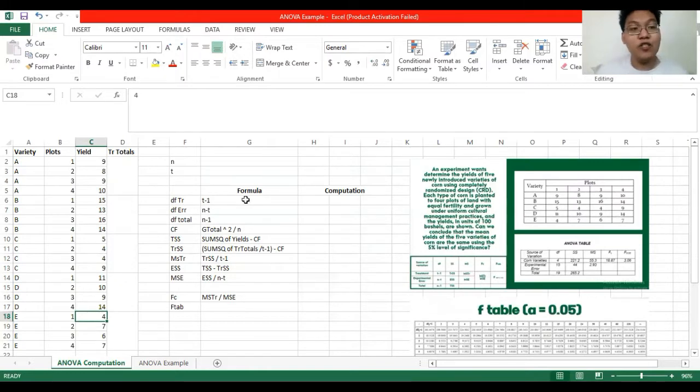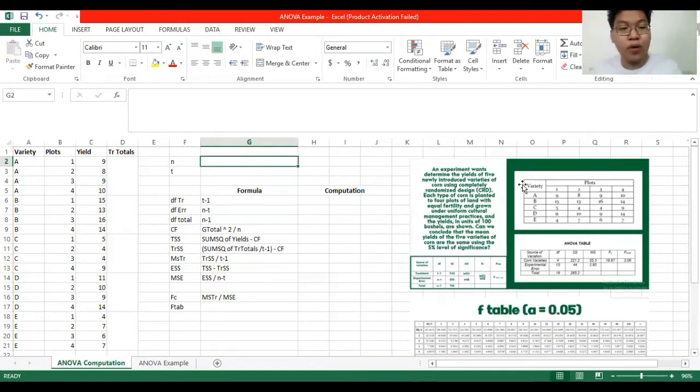You have already arranged your data. Now what you need to do is to complete your ANOVA table. Before that, let us first identify our N and our T. So N is the total number of experimental units, and in our case, it will be 20. Why 20?